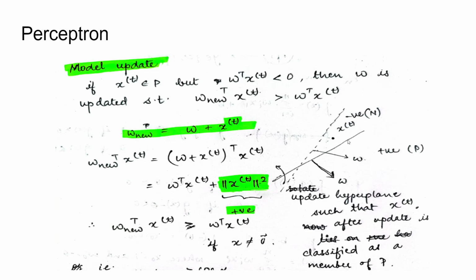So ideally, to include x of t as an instance of a positive class, this hyperplane has to be rotated by certain degrees such that this x now lies on the positive side of the hyperplane. And that's why you'll see that with each update, this hyperplane is shifting to accommodate each misclassified input to its actually correct side of the plane.